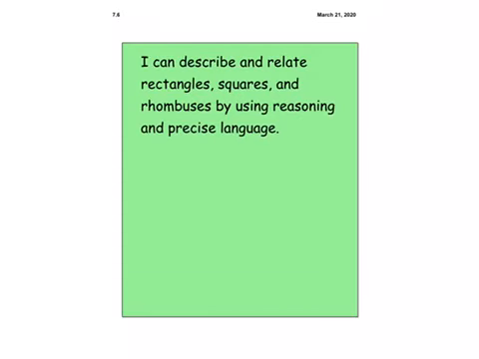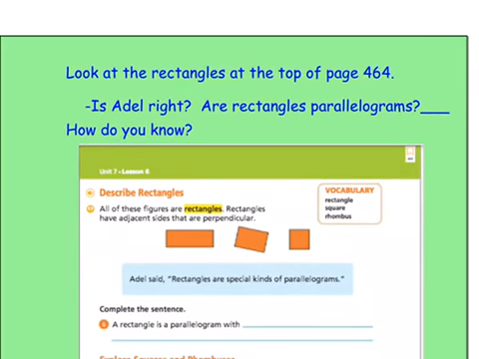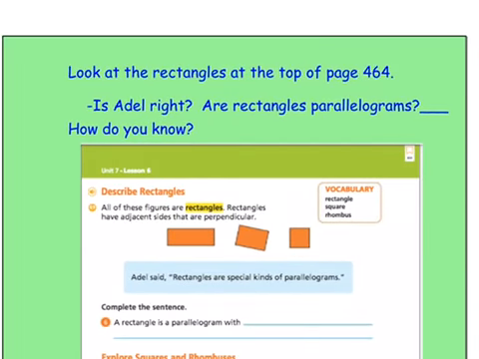The next part of our lesson is this. I can describe and relate rectangles, squares, and rhombuses by using reasoning and precise language. So let's look at these shapes at the top of page 464. And they're asking us, is Adele right?